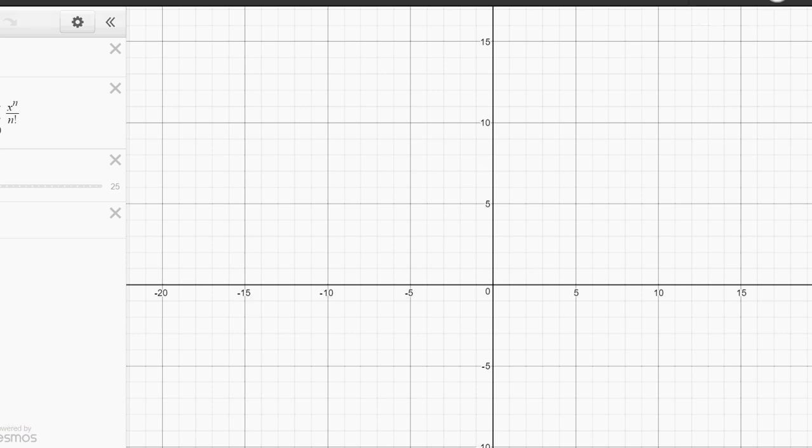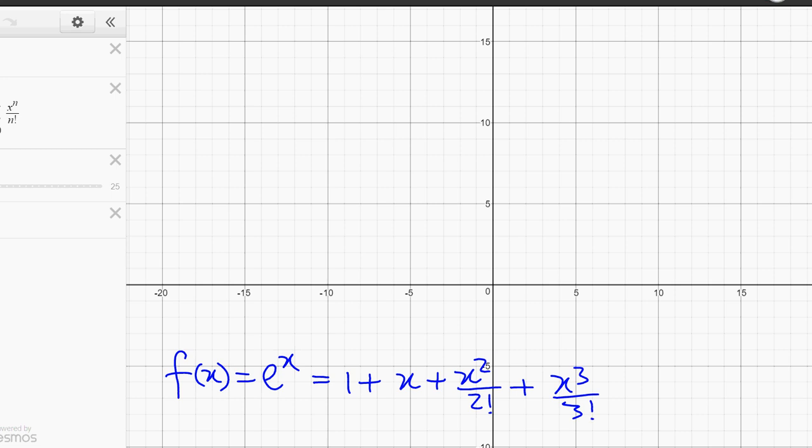So basically, when we started in the beginning, we saw that if you have f of x, this function, it can be represented by this series: 1 plus x plus x squared over 2 factorial plus x cubed over 3 factorial, and so on and so forth, up to x to the power n over n factorial, which is the nth term, up to infinity.